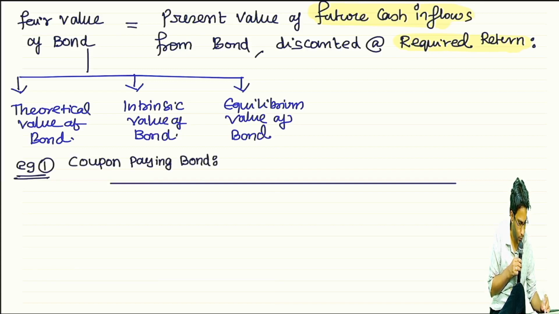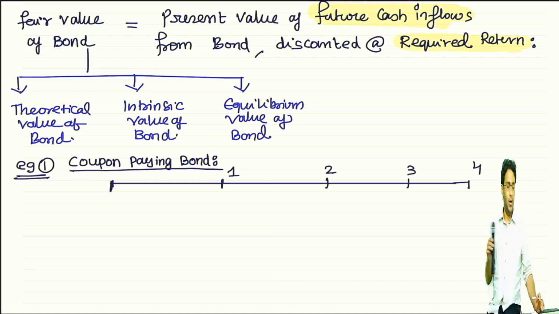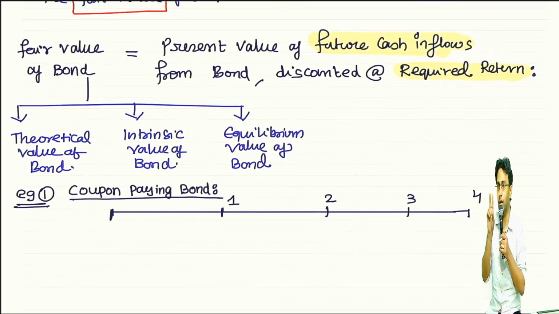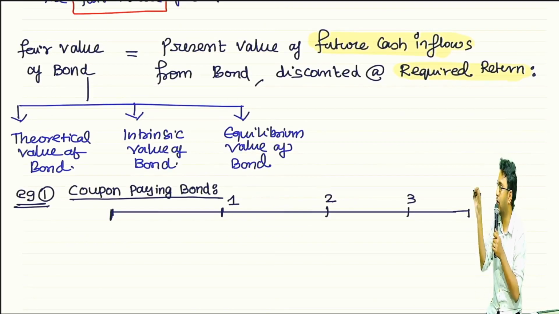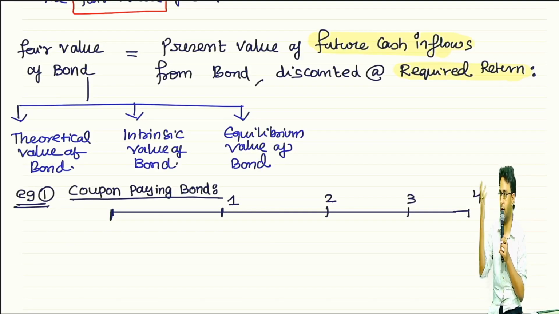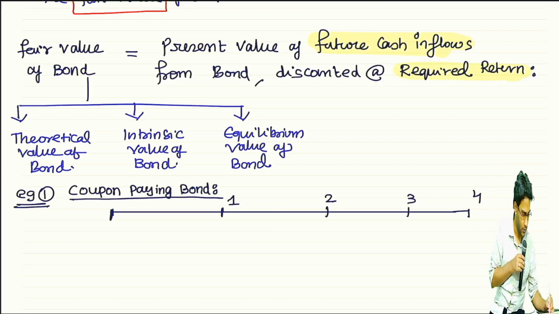Coupon paying bond means a bond periodically gives interest. So let's say the bond life is 1, 2, 3, 4 years. Now you look at the fair value definition. I told you we need two components. One is inflow, the other one is required return. Tell me, sir, bond will give what inflows? If you buy a bond as an investor, what inflows are you looking at? Interest every year, then maturity value.